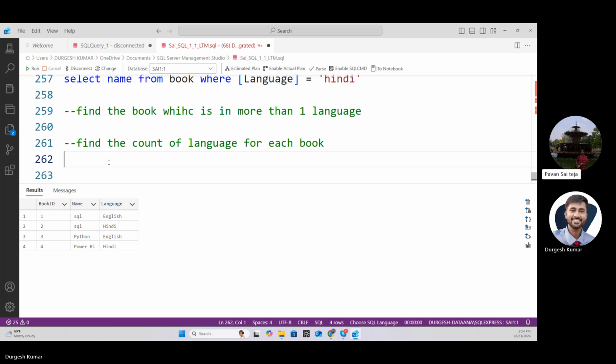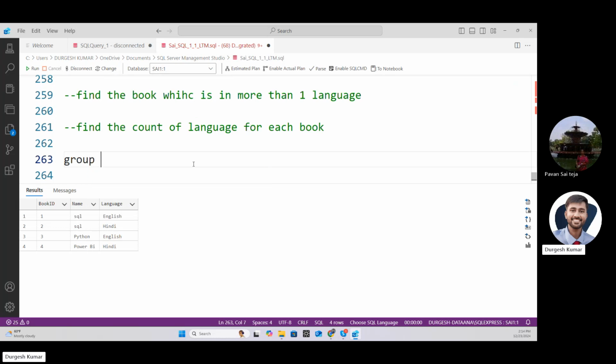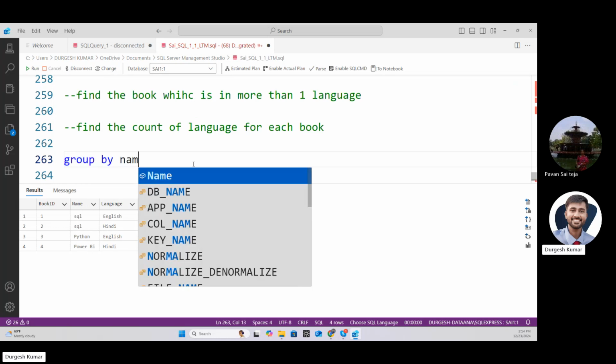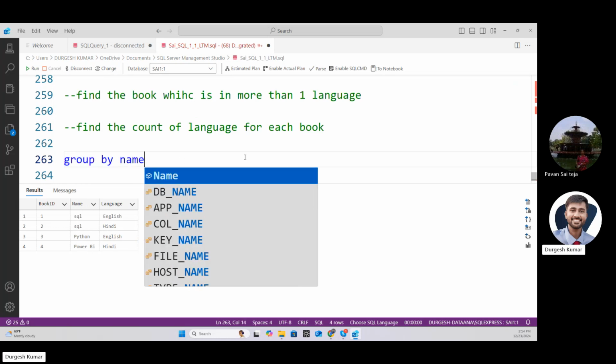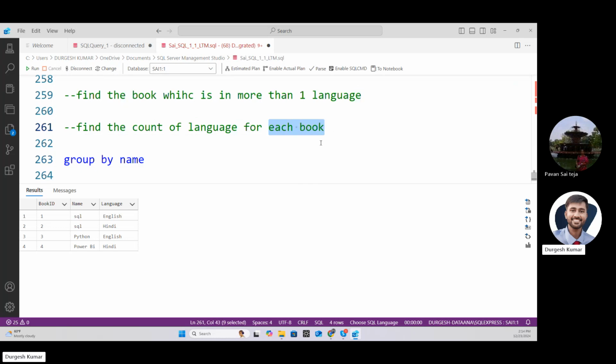Okay. Count of language. Yeah, see, first thing, always remember, whenever it comes to for each book, you understand that we have to write group by and book name. Okay, this is fixed. Whenever it will come for each something, each category, each book, each actor, each person, write group by name.